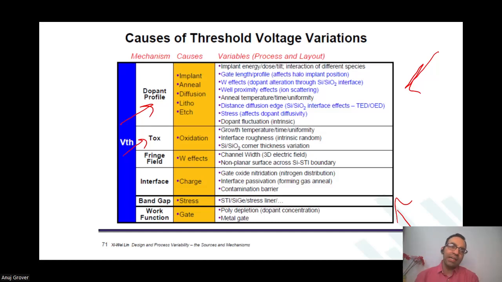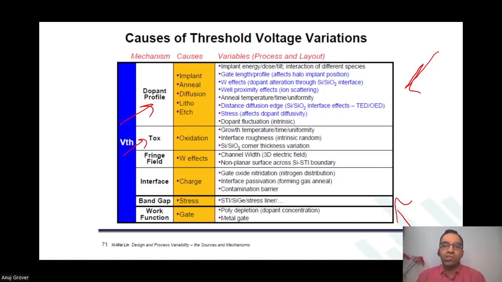You will see that when you extract layouts in advanced technologies, there will be a lot of extra variables. When you extract a device in 65 nanometer, what do you see? You see W, L, PD, PS, AD, AS, and that is where the variables end. Am I right?